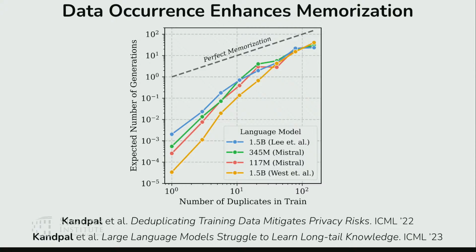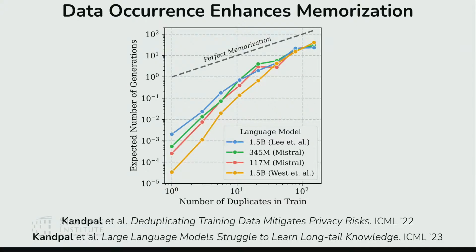And interestingly, on the y-axis I'm plotting a metric for generation-based memorization. Just increasing the number of duplicates by a factor of, for example, 100 could increase your amount of generation-based memorization by a factor of, let's say, 10,000 or 100,000. So it has this super linear effect, where just having a piece of text duplicated, let's say, 10 or 100 times could cause a huge increase in privacy leakage.